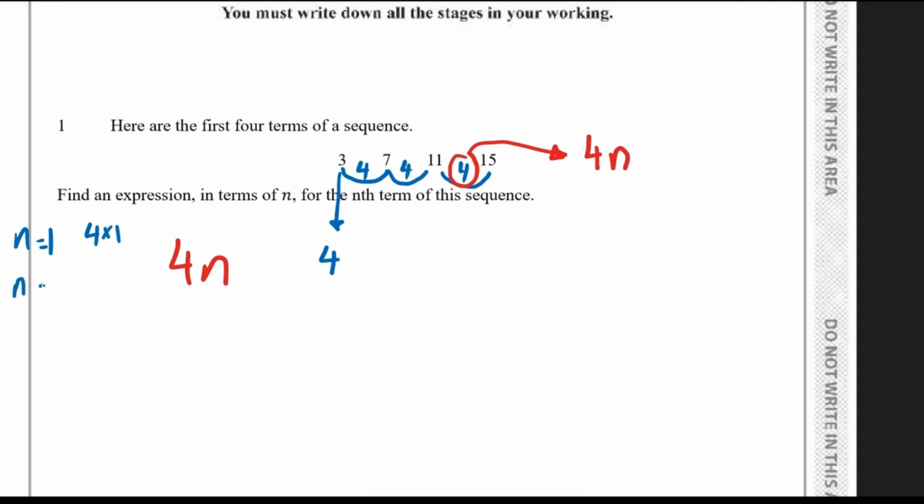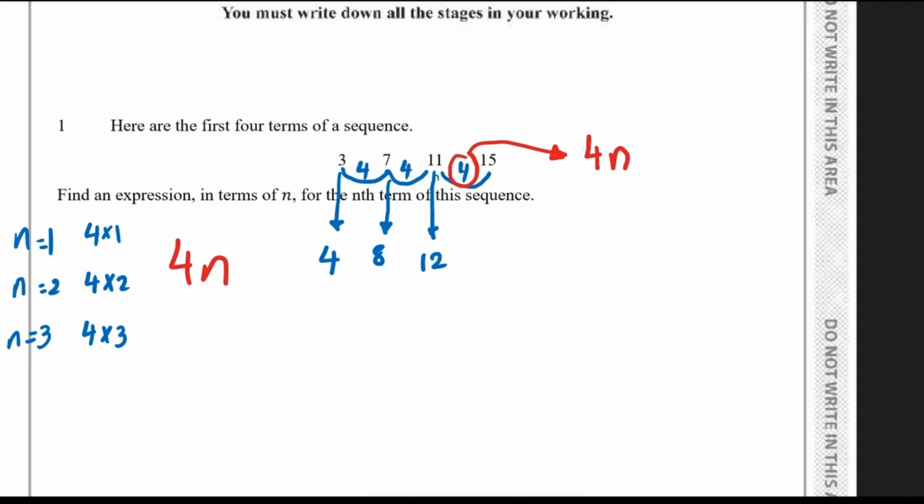If I take n equals 2, that means 4n becomes 4 times 2. 4 times 2 equals 8, so the second one becomes 8 here. And for the third one, to double check, at the third term n equals 3, that means 4n becomes 4 times 3, which should be 12. Under the third term, I write 12 here.